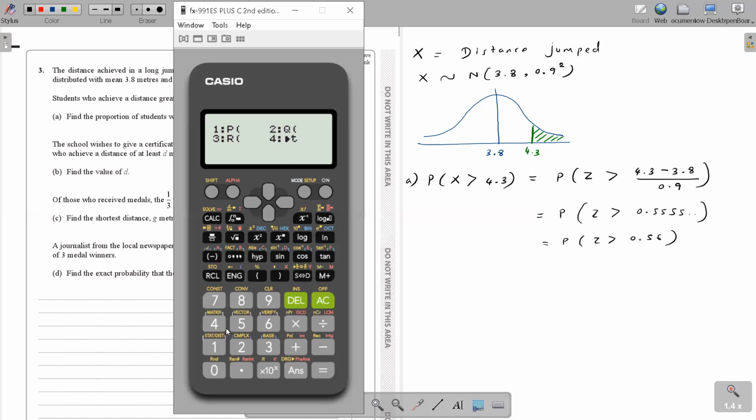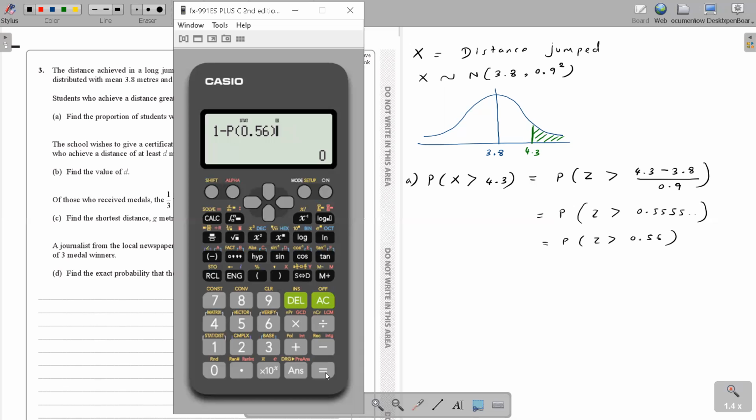So I'll go with which one? Shall I directly go with the area in front, or shall I use P? Which one do you prefer? No preference. Let's go with number 1, P. I have to get this answer and subtract it from 1: 1 minus the P answer.